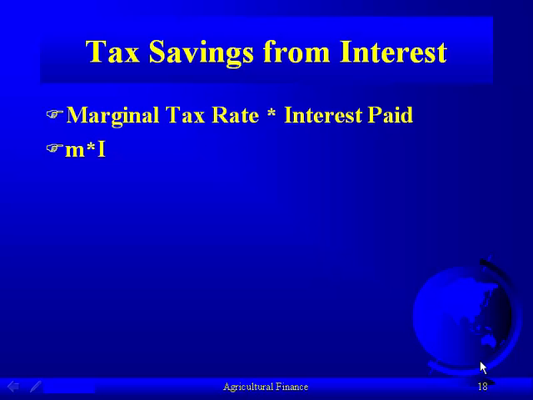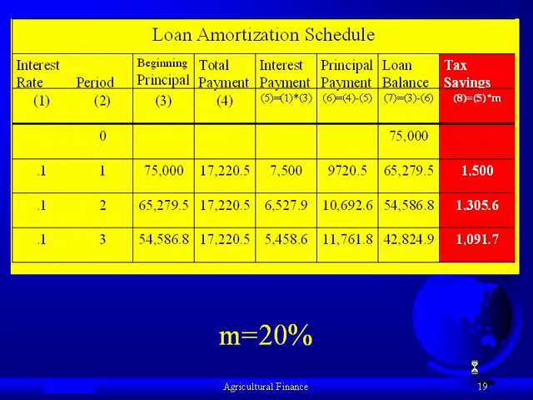Now, why we did that was to calculate the tax savings from interest. And the tax savings from interest is calculated by calculating the marginal tax rate times the interest paid. So in this particular case, we add another column, a column 8, to the chart. In this column, we put it in red.